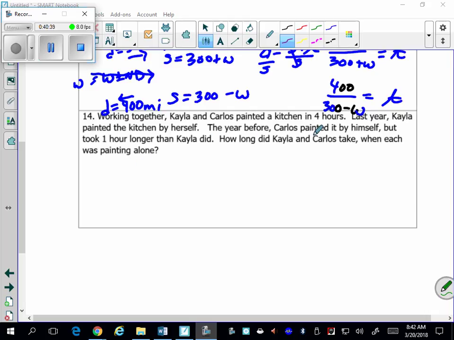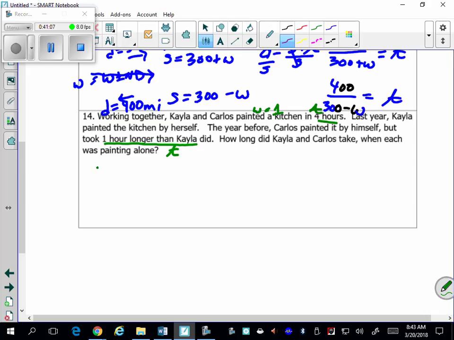And what else do we have? Well, they're painting a kitchen, so the amount of work is one kitchen. And Carlos did the same thing, one kitchen. So we have work equals rate times time. We have work and time, so let's put what you have on the same side so we can make a ratio rate out of it.